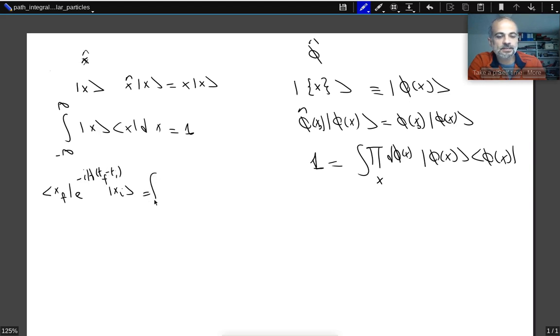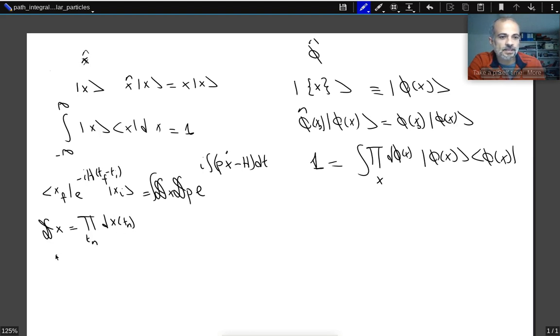This was written as, well, we had two integrals, dx and dp, e to the power i integral, p x dot minus H dt, where dx was just the product of the measures of x_n, and the product is over t_n, since they are at different times, and similarly for the momentum.